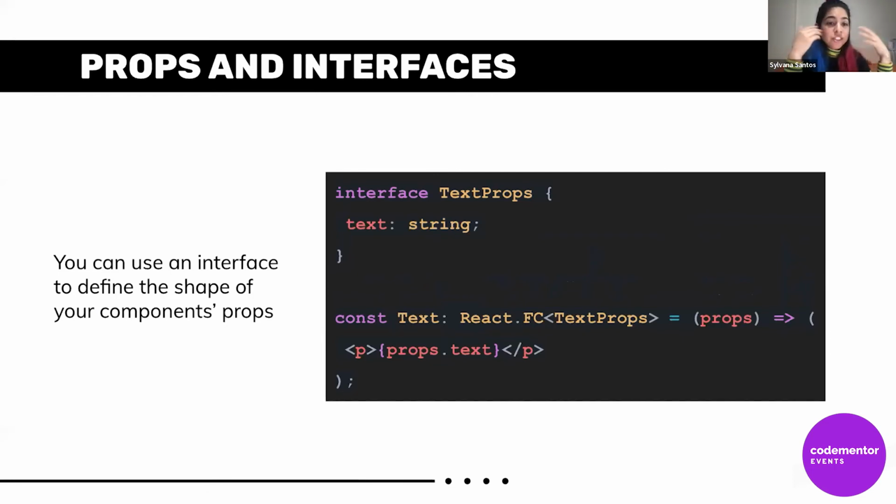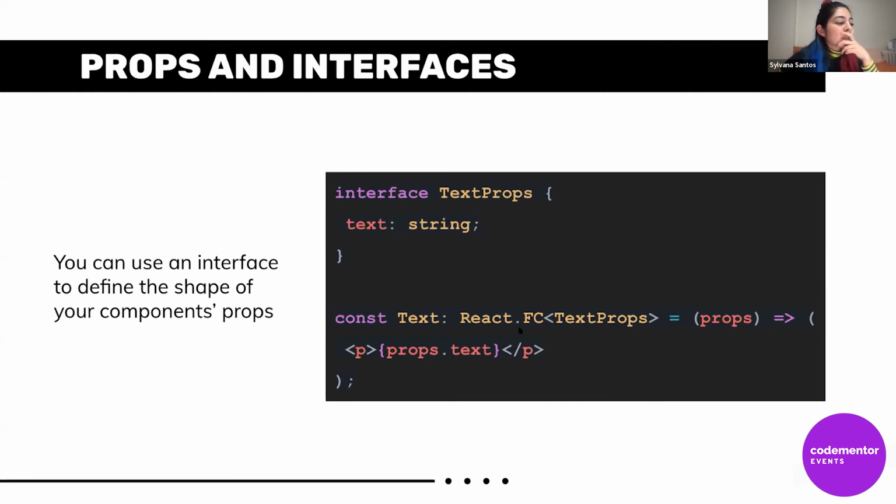Props is just an object, and for this component, the props object needs to have a text property on it. So we're going to define an interface called text props, and we're going to say text props needs to be an object that has a property called text on it, and text needs to have a value that is a string. Cool. So we've defined our interface text props.